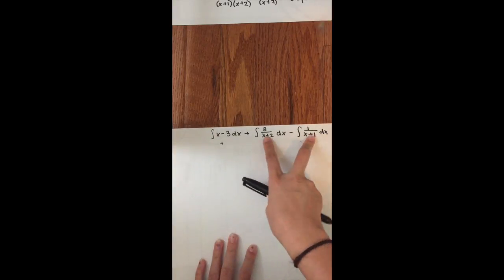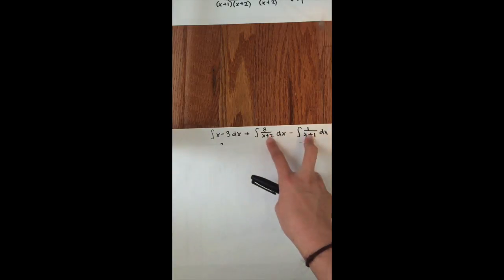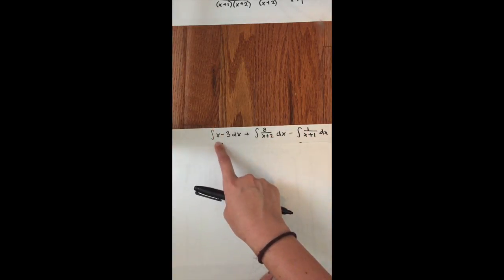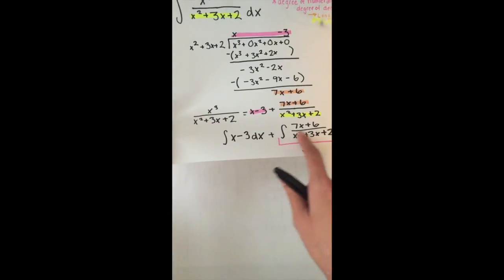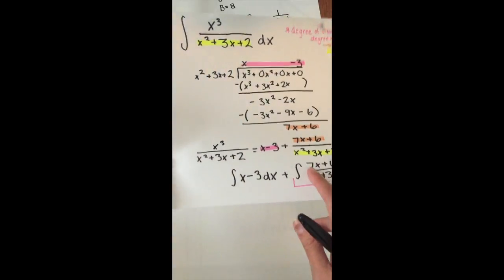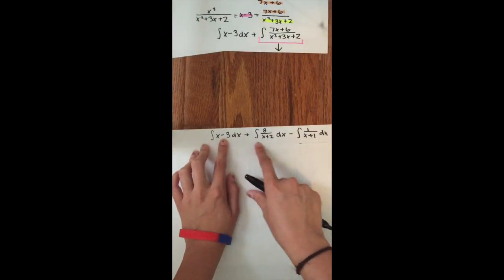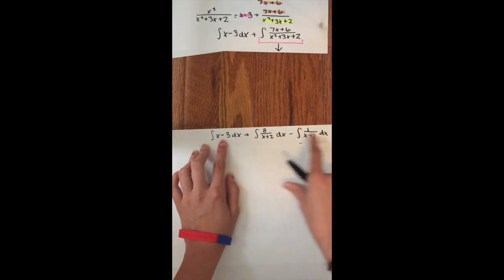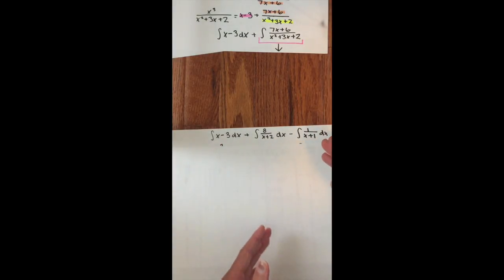So now that we have these new expressions from our partial fraction decomposition, we can add in the original other part, because we were just focusing on this for the partial fraction decomposition, but now we're going to add this back in. And this is the partial fraction decomposition, split up so that each part has its own integral.